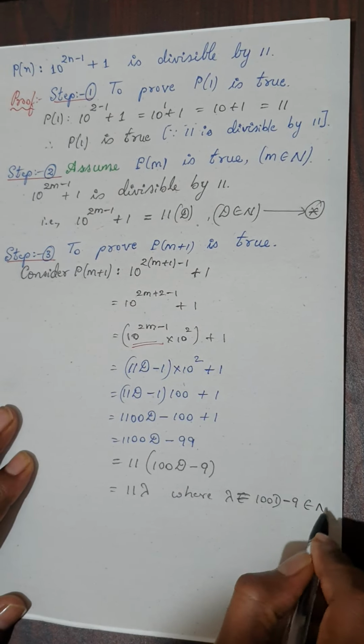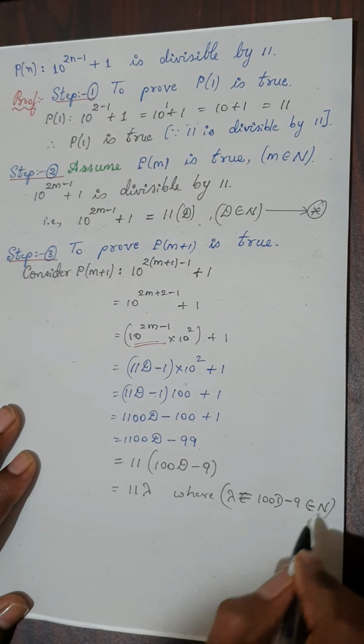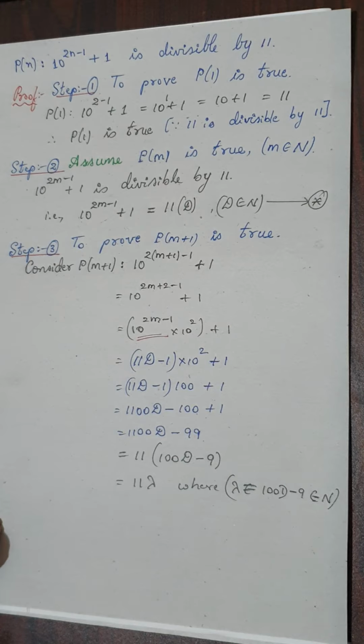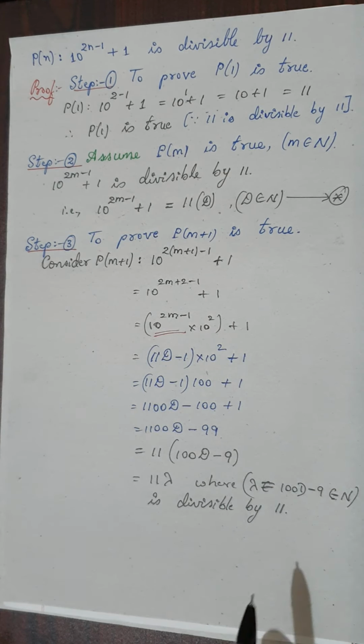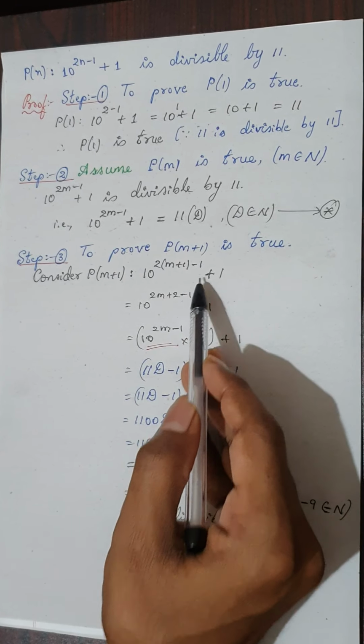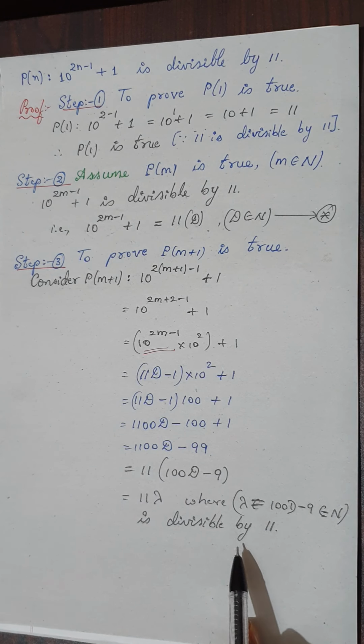This will definitely belong to the natural numbers. So this is divisible by 11. So is it clear how we got this? We started with p of m plus 1 what we wanted, and we have concluded that it is divisible by 11. Hence we can say p of m plus 1 is true and conclude with the final conclusion.